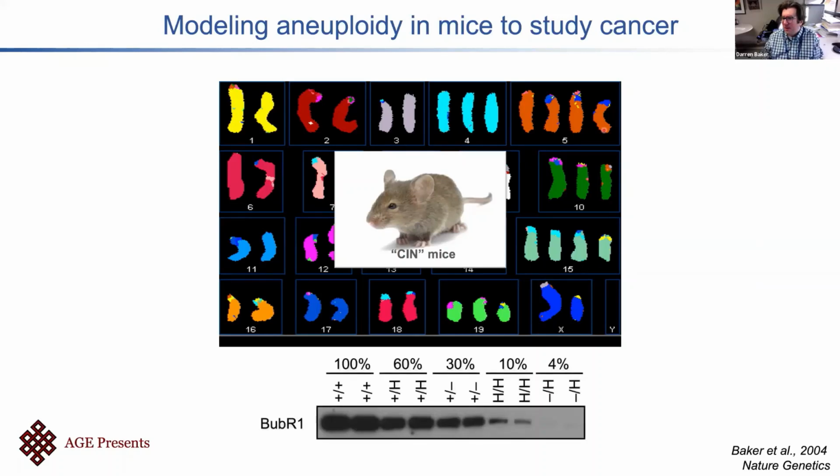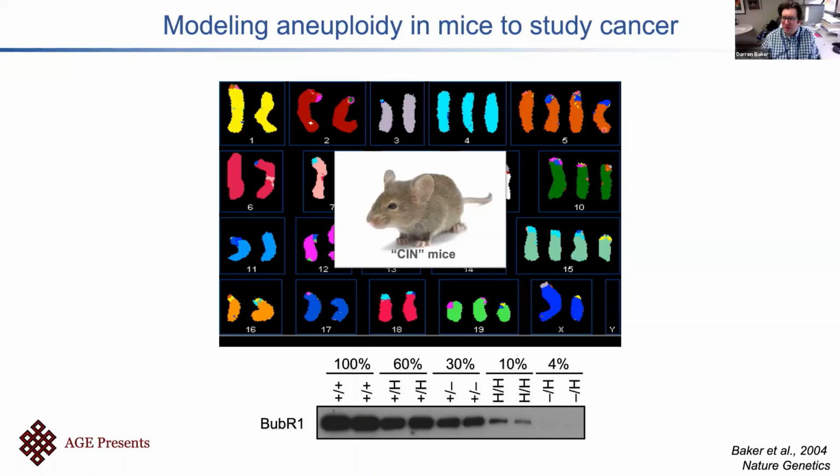The molecular model that we used was making mice that expressed low amounts of a mitotic checkpoint protein called BUBR1. I'm not going to go into detail about what BUBR1 does, but it essentially makes sure that during cell division in mitosis, metaphase is delayed until all chromosomes are properly aligned in the metaphase plate, so that you get equal distribution of chromosomes into 2 daughter cells.